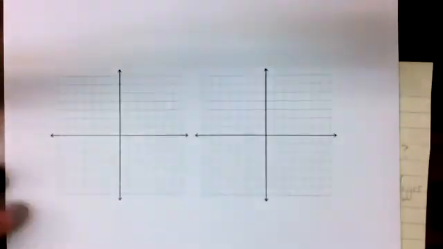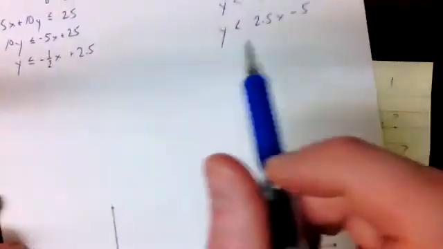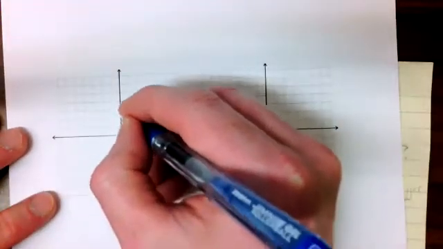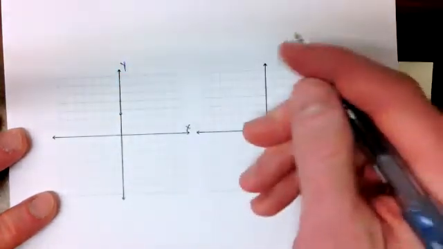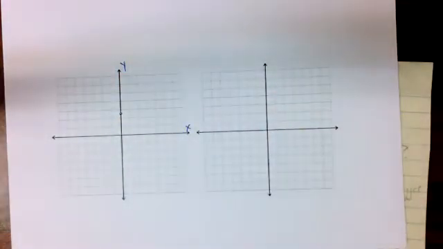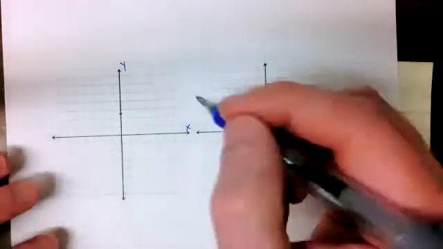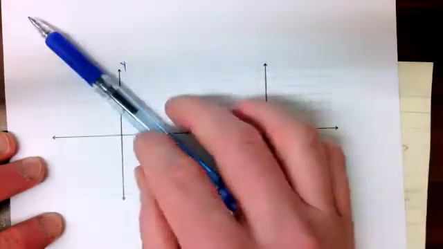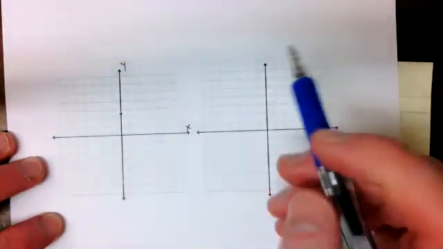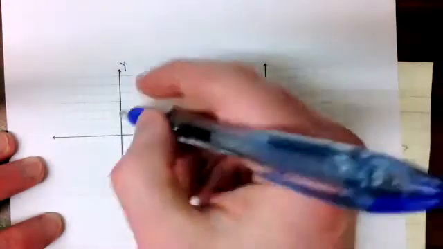There's lots of space here for work. Anyways, okay, so negative 1/2 x plus 2.5. 2.5 would be the intercept. That's what I'm looking for. And the slope is negative a half, which means it's going to go in this direction, and it's 1 over 2.